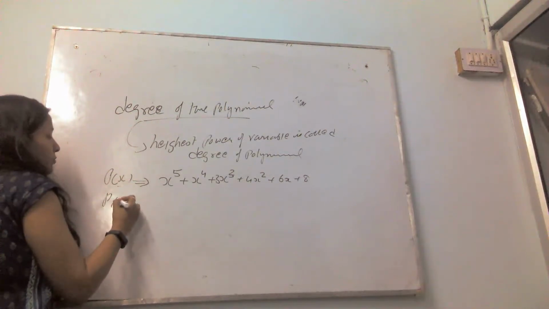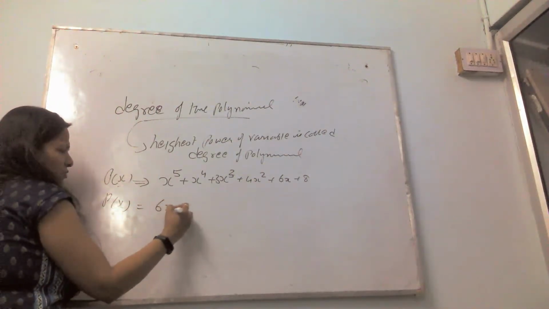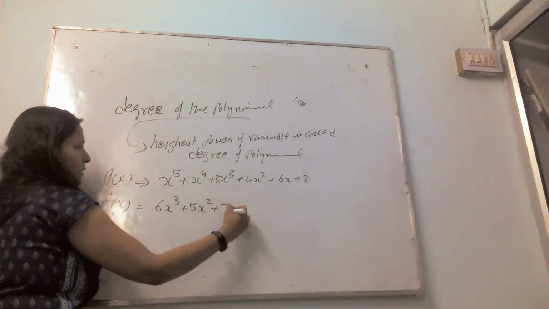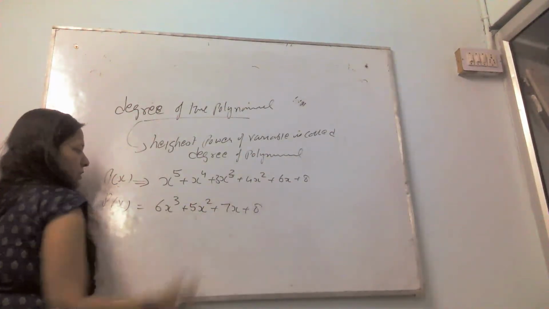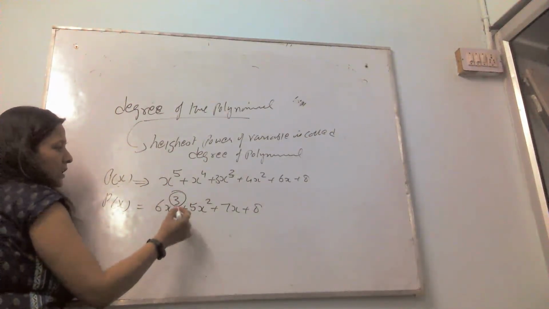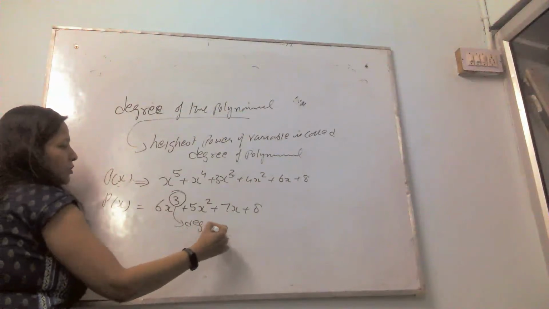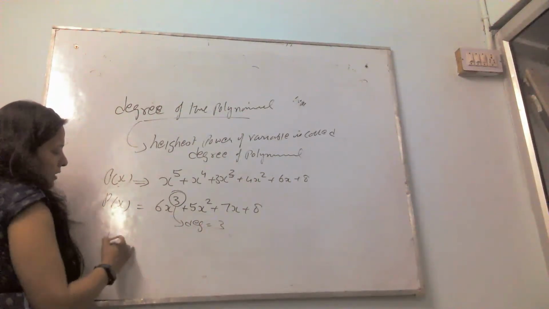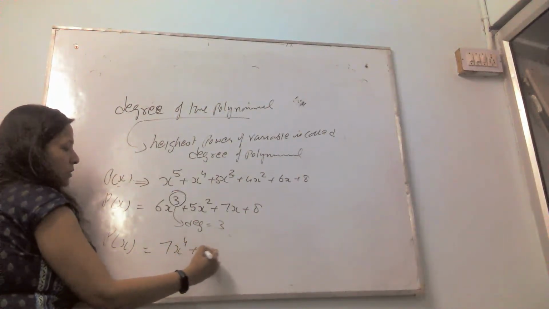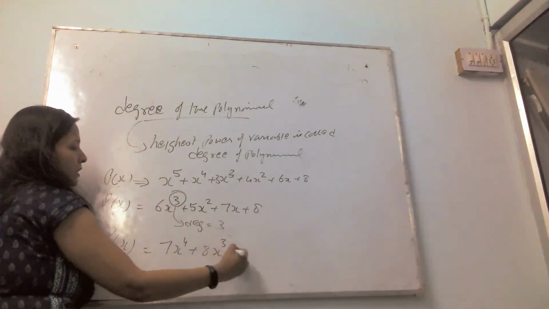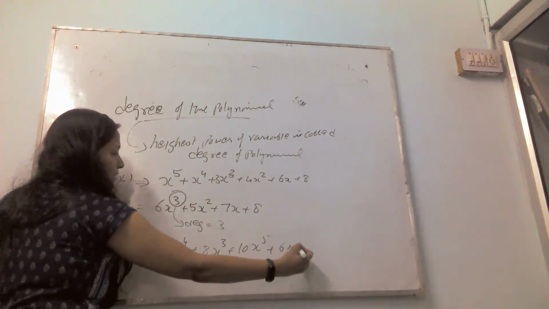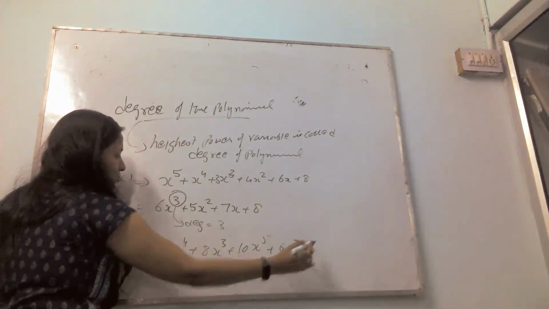Again, 6x to the power 3 plus 5x square plus 7x plus 8. Here again we find the highest power is 3. That means the degree of the polynomial is 3. Now, 7x to the power 4 plus 8x to the power 3 plus 10x to the power 5 plus 6x to the power 2.